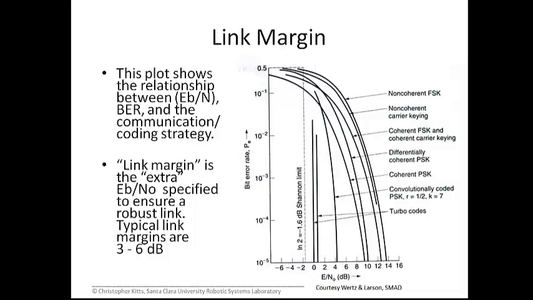So just to pick off a couple points, if I wanted 1 in every 100 bits to flip, if that was okay with me, then I'm operating at the 10 to the minus 2 horizontal line.